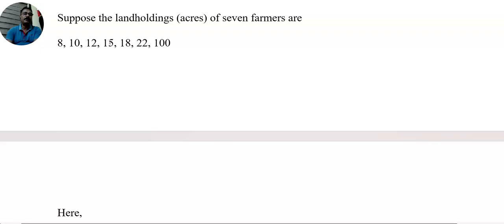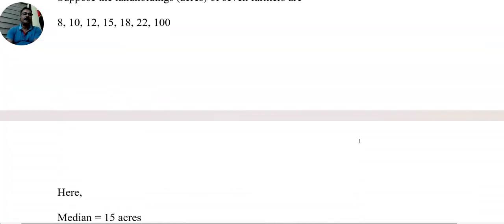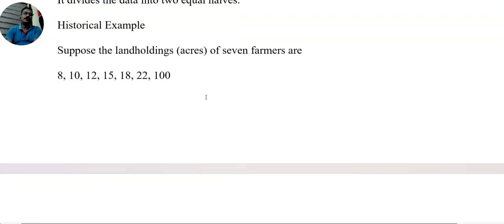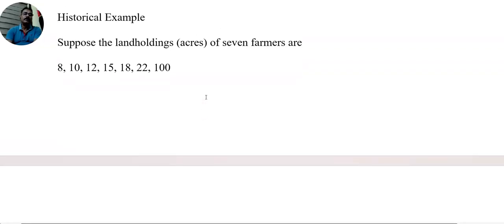Now what is the middlemost value? It is 15, because it is the fourth of the seven items. So 15 is the median acres. Notice that one farmer owns 100 acres, but the median is 15. If we take the mean land holding, it does not provide an accurate figure because 100 is there. The mean will be much higher and does not reflect the actual land holdings on an average.